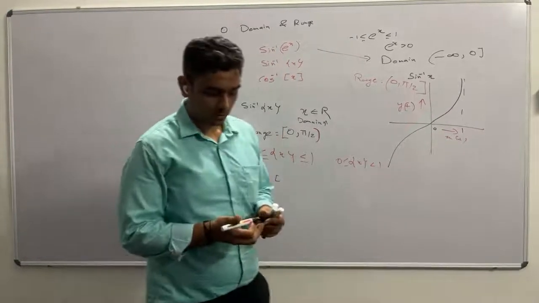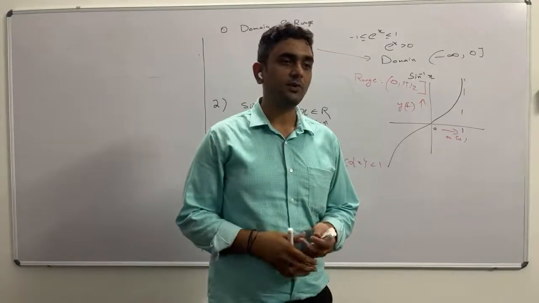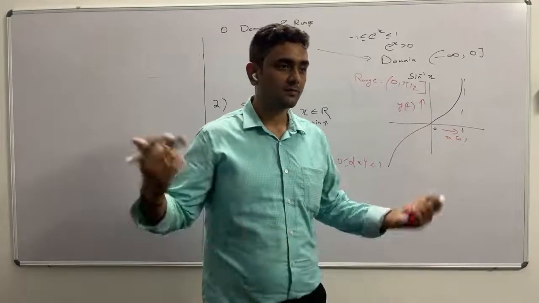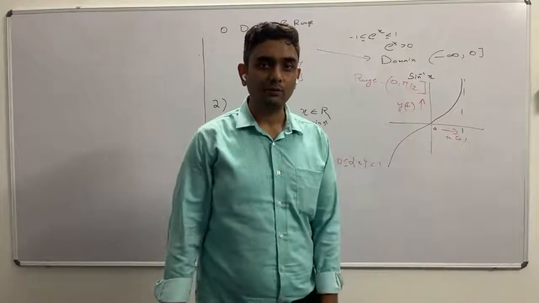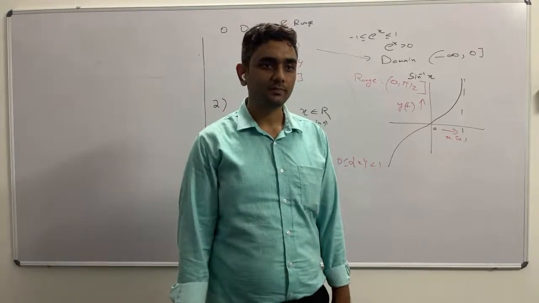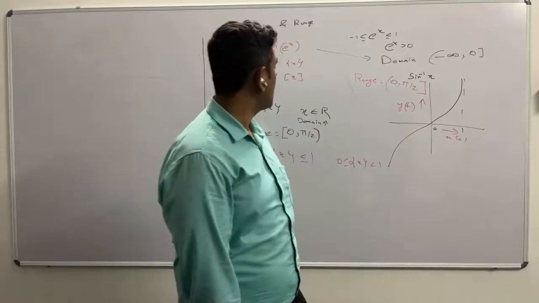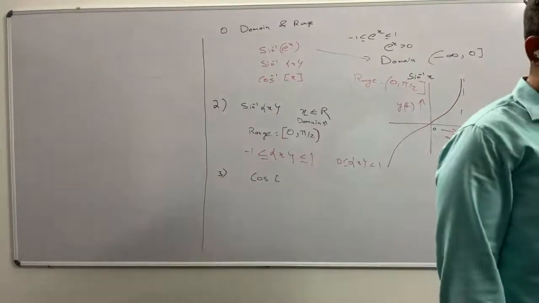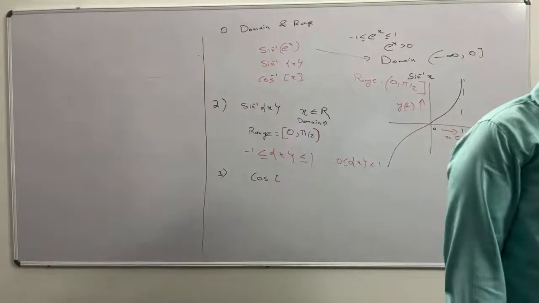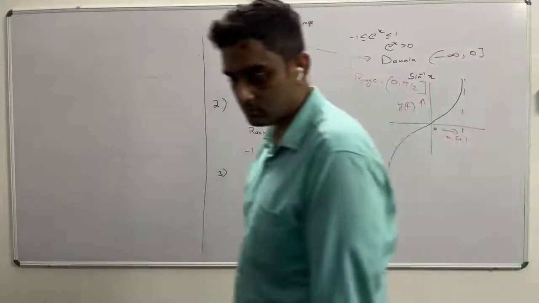Cos of greatest integer of x we have been doing for many days now. You should be able to do that. I've given you many homework on domain. So this should have been cos inverse greatest integer of x. So do this one and let me know what answer you are getting.